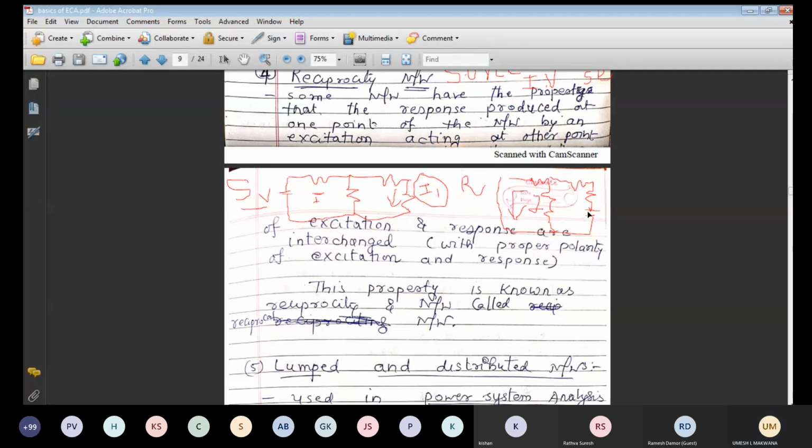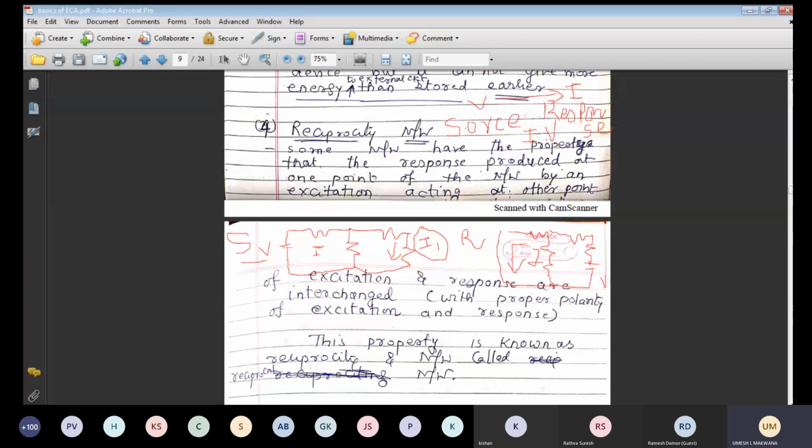That means this is the voltage V that I have interchanged. The source is connected in the place of the response, and the response is connected in the place of the source. This is I1, and this is the voltage. I am changing source and response.